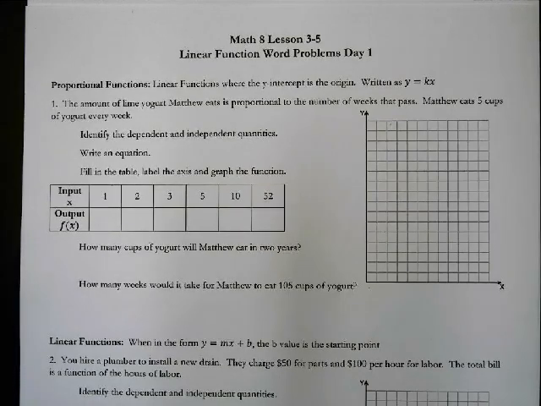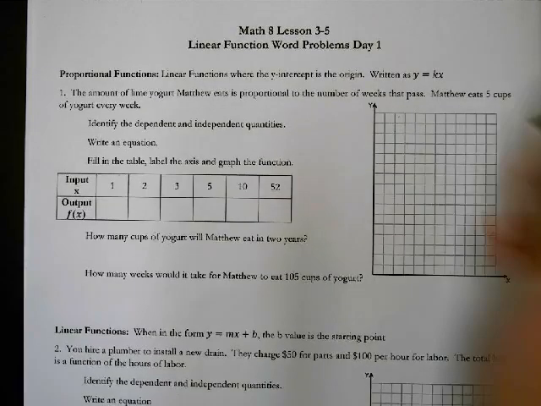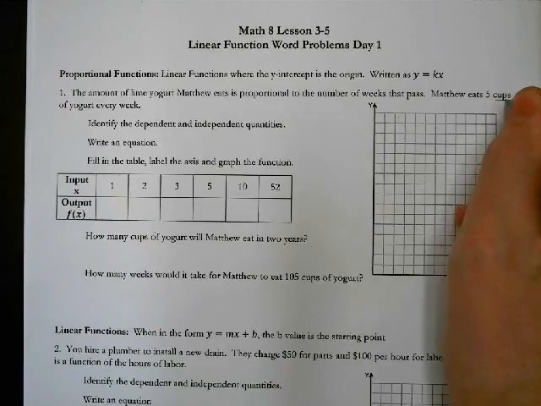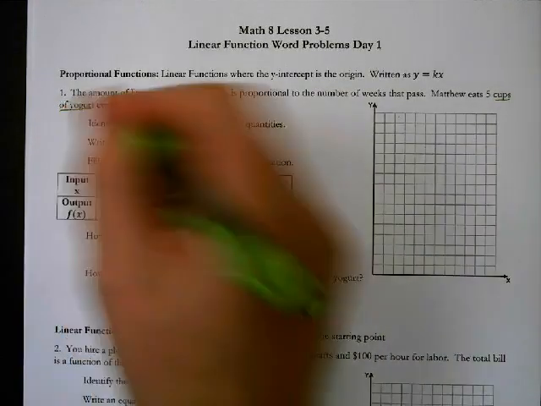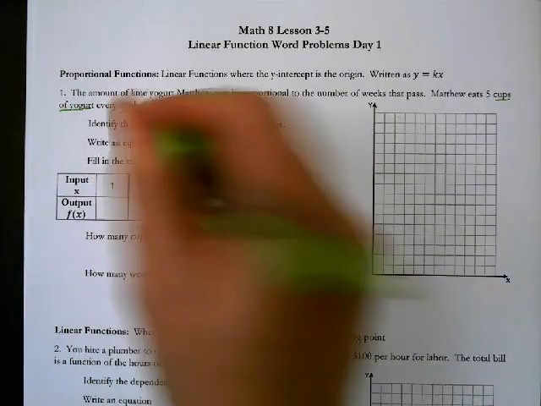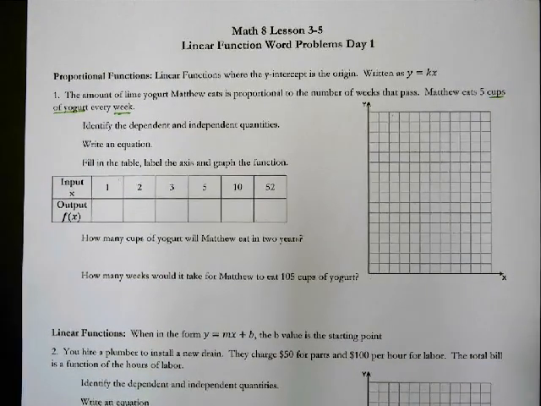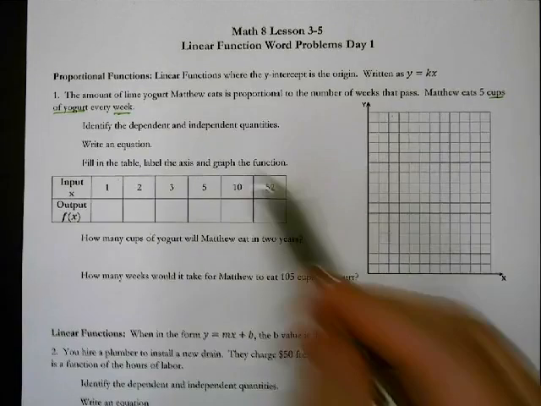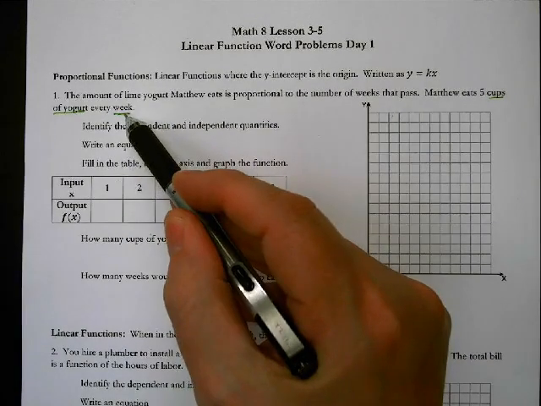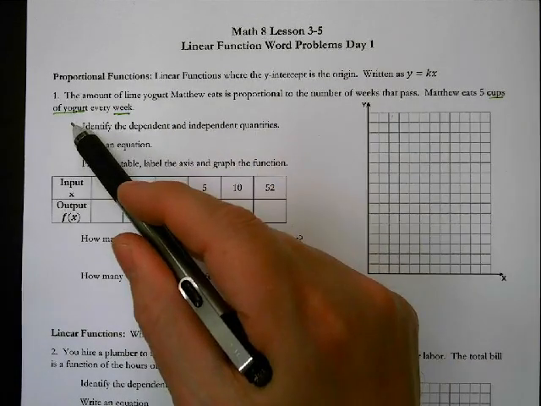Okay, so we have 2 different quantities in here. We've got the amount of yogurt, it looks like in cups, and we've got time in weeks. So my 2 quantities that I'm looking at are the cups of yogurt and time in weeks. One of those depends on the other one. So if you look at it, the weeks do not depend on how much yogurt I'm eating.